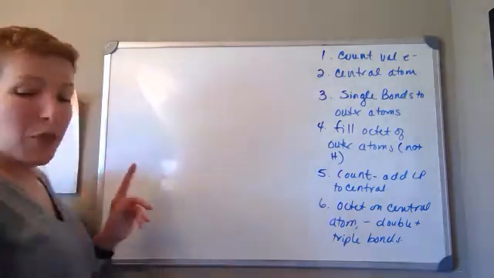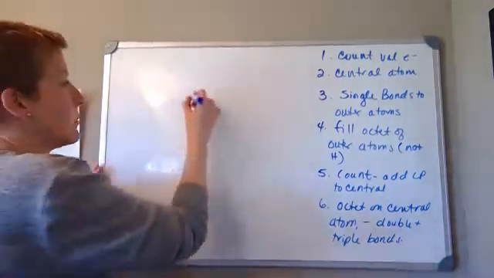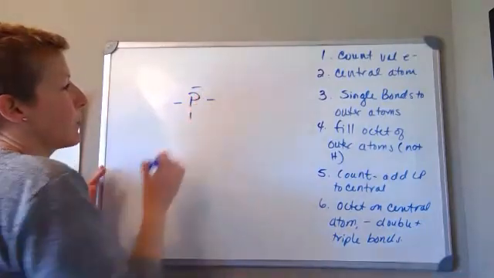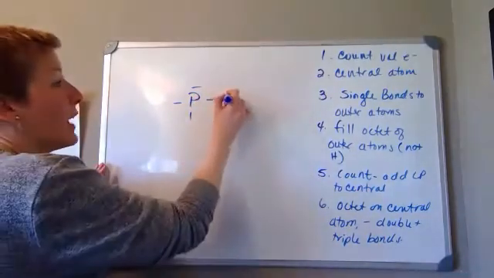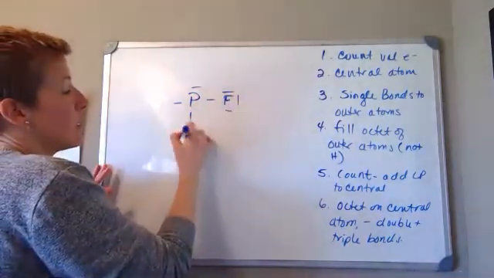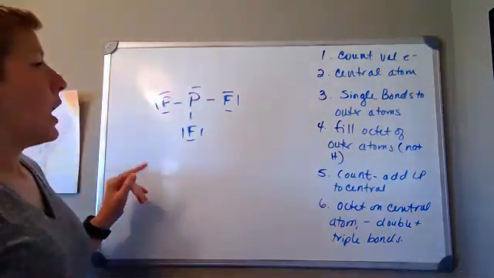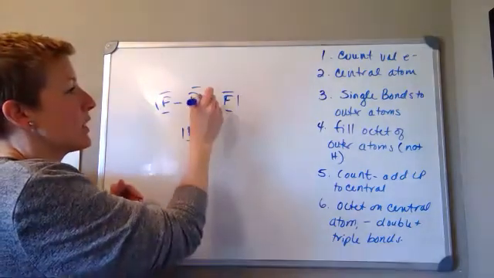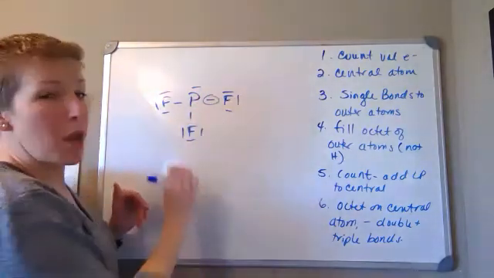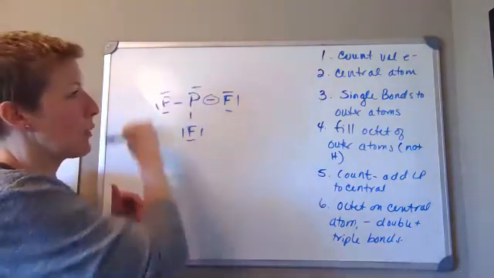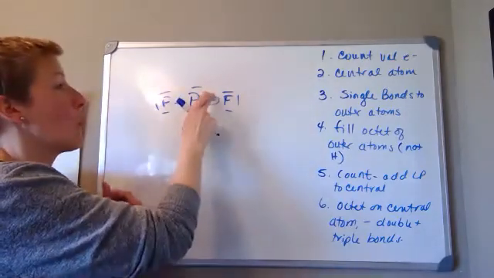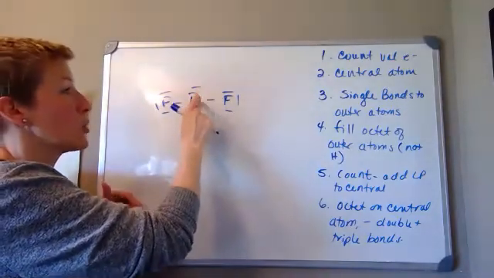So, by the way, when we just counted for an octet, let me just draw that back real fast like that. Remember that when I counted for an octet, I counted these electrons sometimes for fluorine, and when I wanted to count for phosphorus, I counted those for phosphorus, and it didn't matter, I was sharing them.